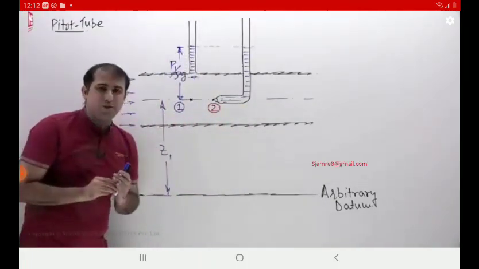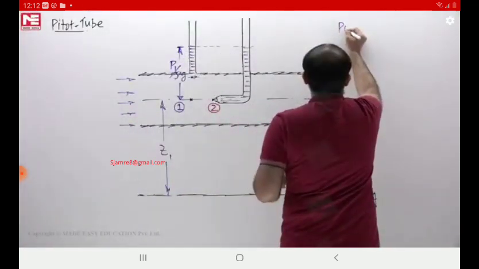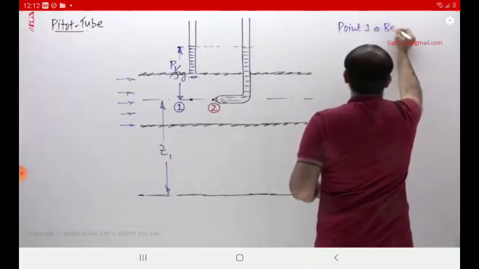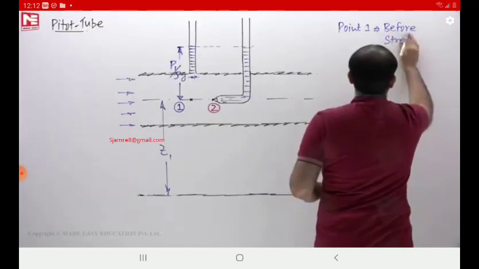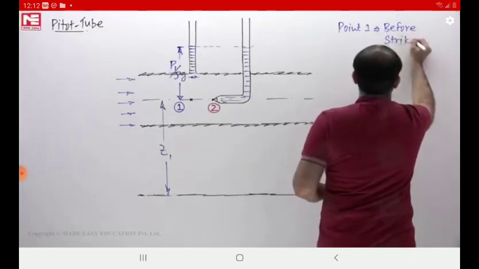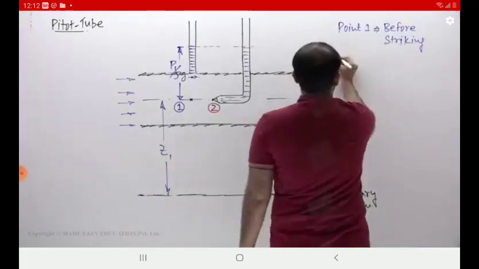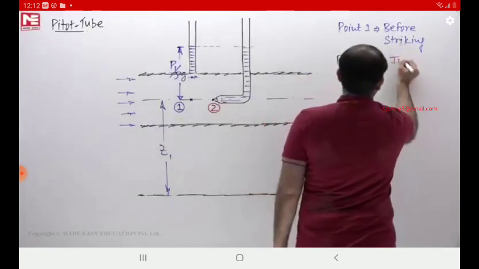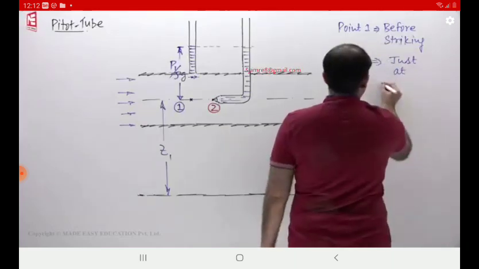Okay, what is the difference between point 1 and point 2? Please pay attention. Point 1 we have taken before striking, and point 2 just at striking.